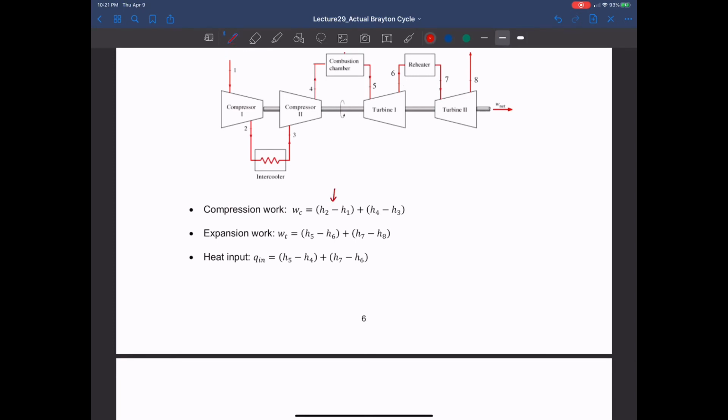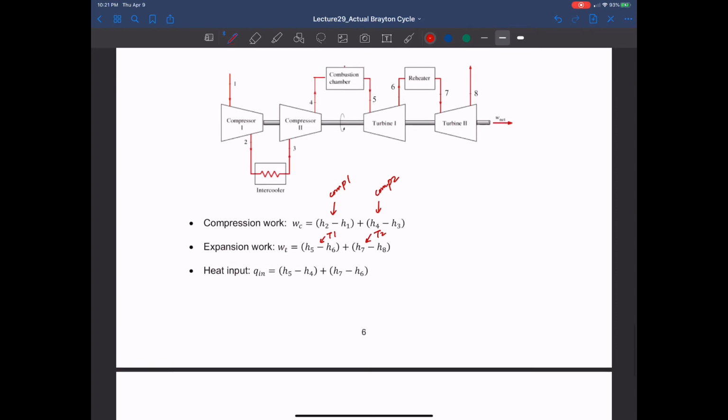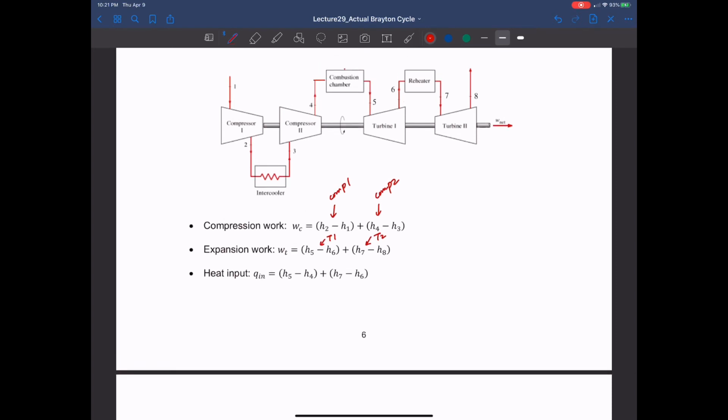So the first term should be compressor 1, and the second one is from compressor 2. Same way, the expansion work should come from two turbines. One is turbine 1 and the other one is turbine 2. Now, in terms of heat input, we have two heat input components. One is from combustion chamber, then the other one is from reheater.